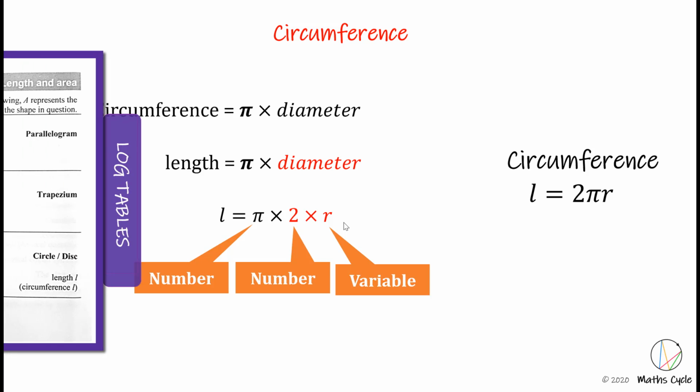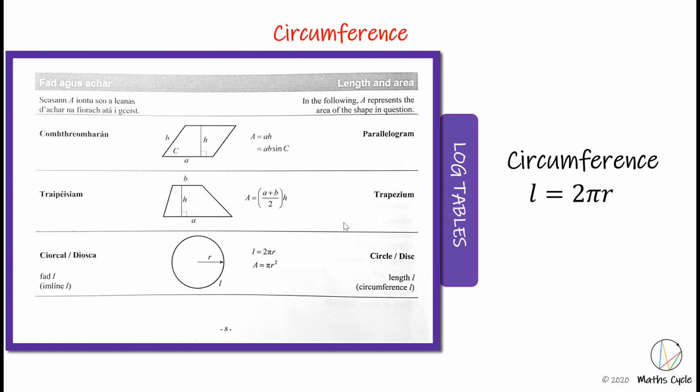If you look at page 8 in your log tables, you will see we have the information here for our circle. First we have a diagram, and on the diagram it shows that the radius is called r, a small r, and the length of the circumference is called L, a small l.